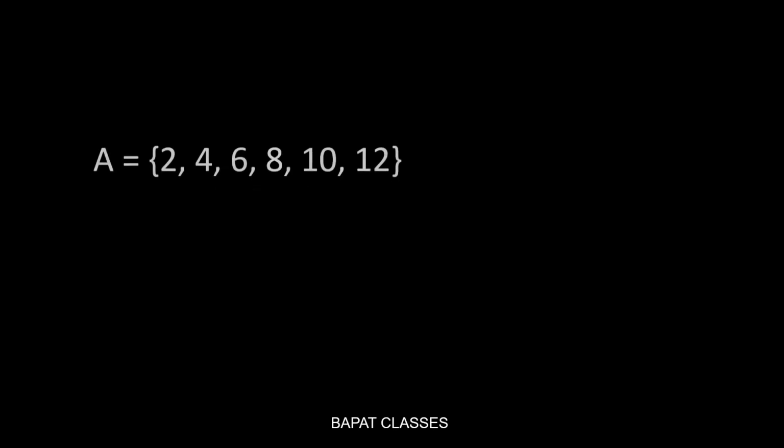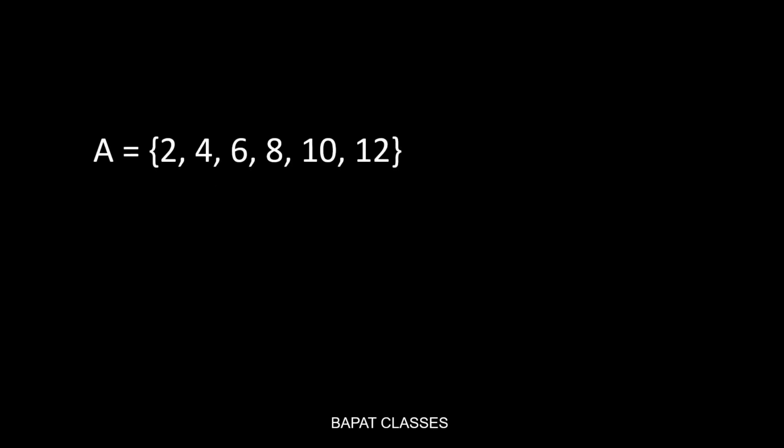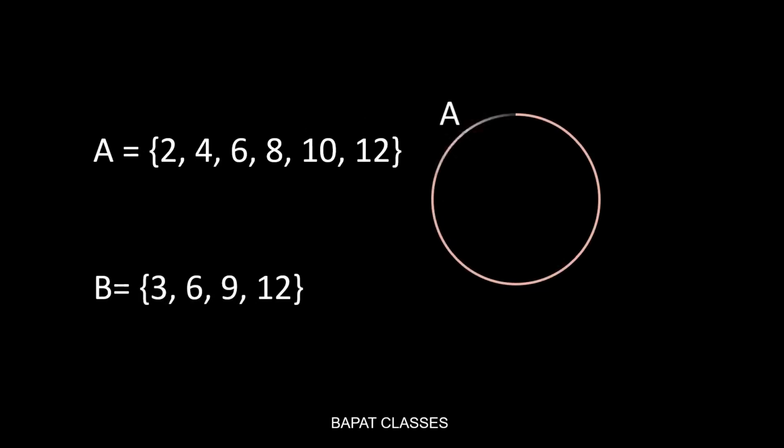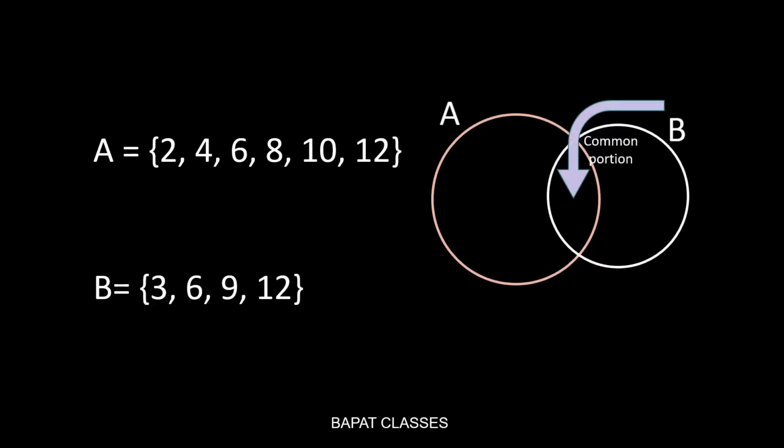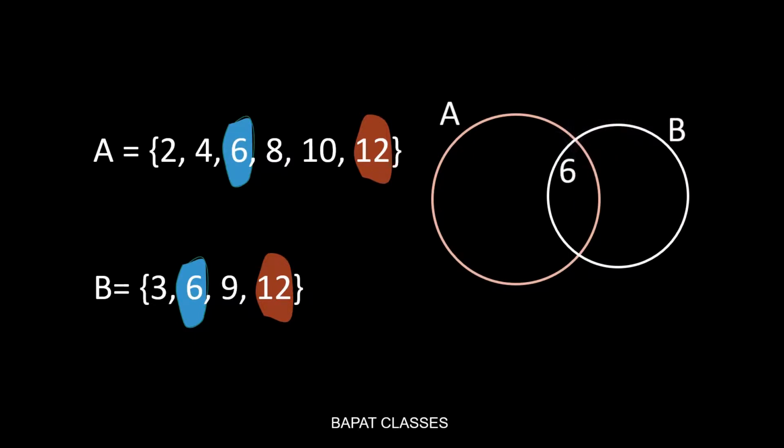Venn diagram representation of A union B. Construct two circles for sets A and B with some common region. Here, there are two elements common to set A and B, 6 and 12. So first write elements 6 and 12 in the common region.